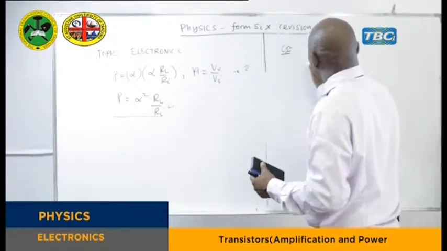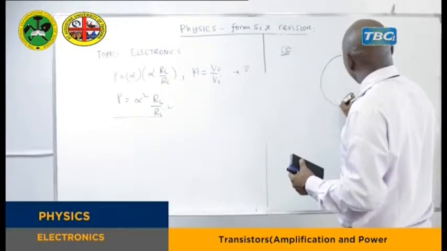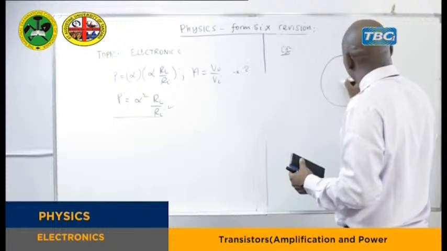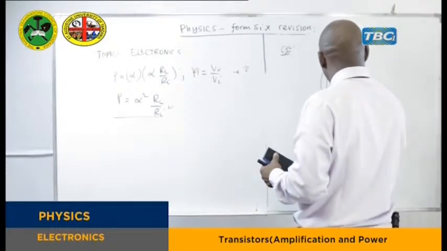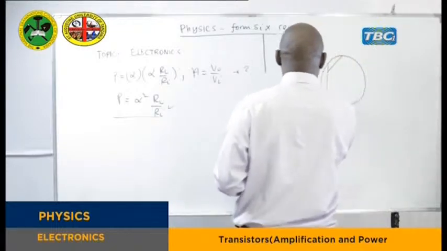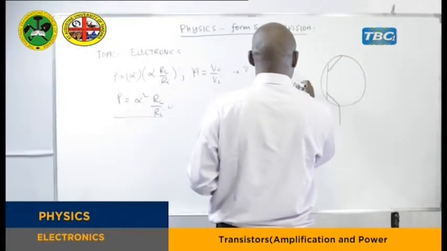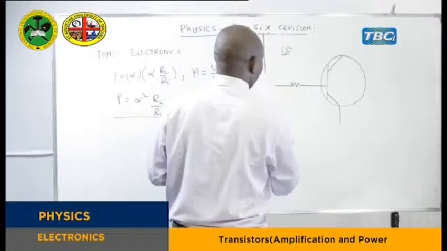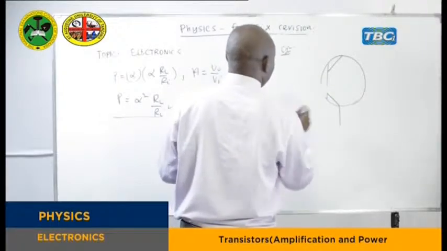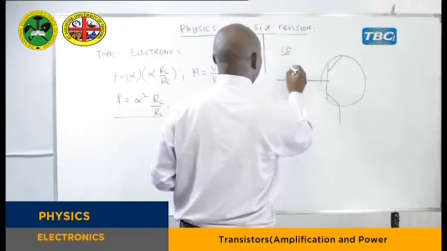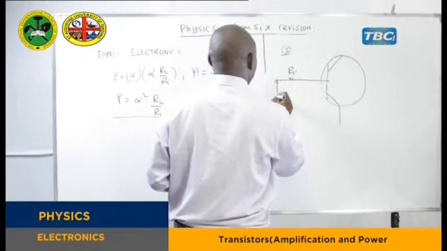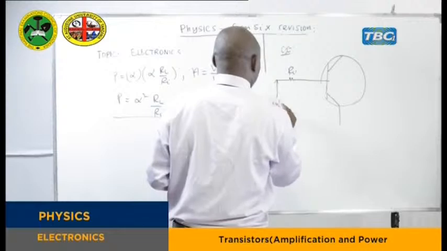Let's talk of the common emitter current gain. You can have the circuit for the current gain for a transistor of this type, and let me use an NPN transistor. This is our input here, this is our input resistance, and this is our input voltage applied here.